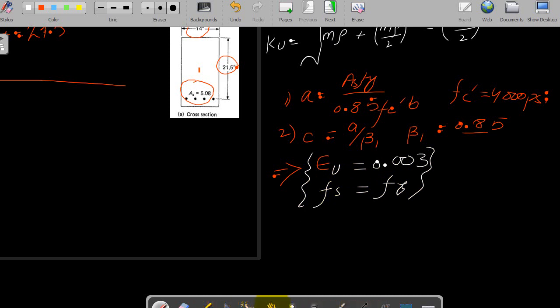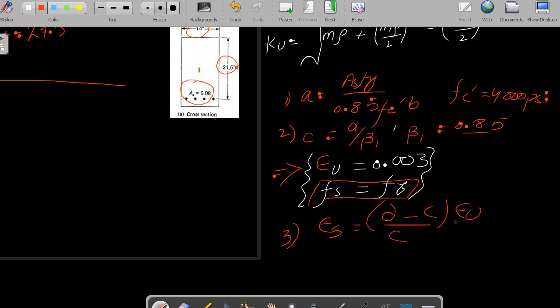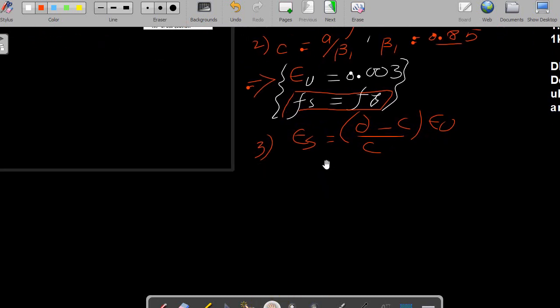Now once we calculate the value of beta 1, we will check this criterion. This criterion is to be checked by calculating, in step 3, the value of epsilon s by using the proportionality: d minus c divided by c into epsilon u, right? We will calculate the value of epsilon s.